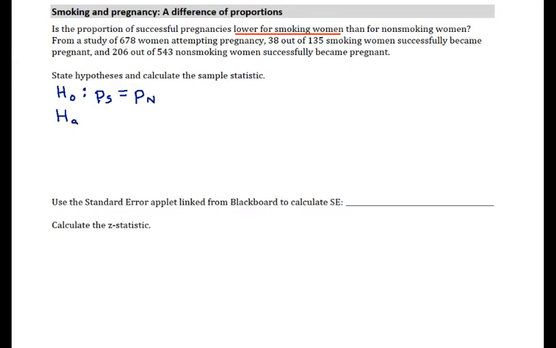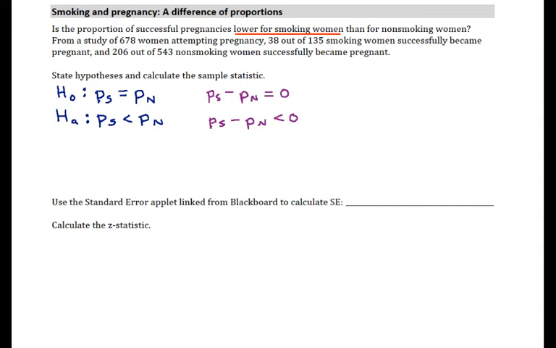Our alternative hypothesis is that the proportion among smoking women is lower than the proportion among non-smoking women. And we could write each of these hypotheses as a difference of proportions also. PS minus PN equals 0. PS minus PN is less than 0.